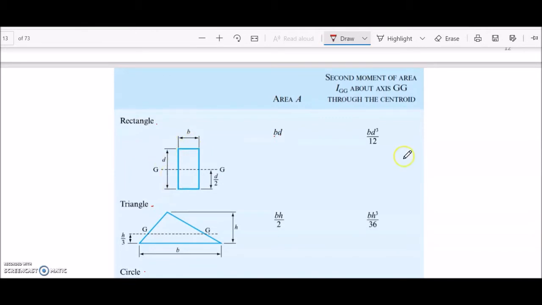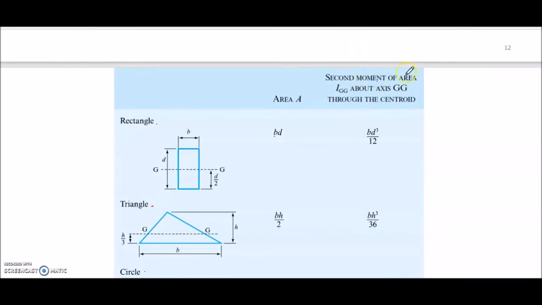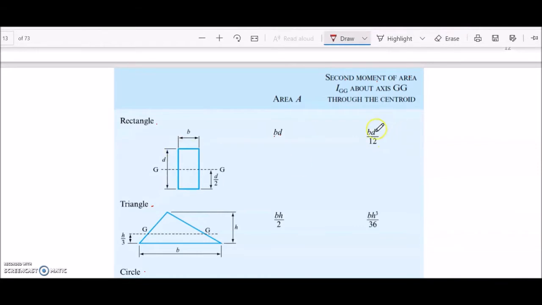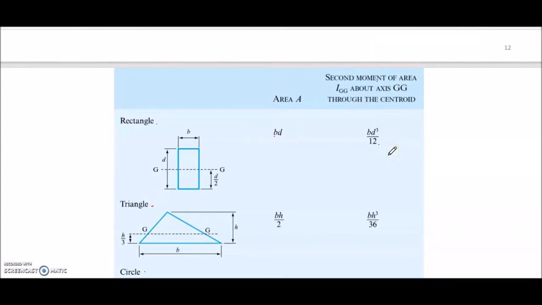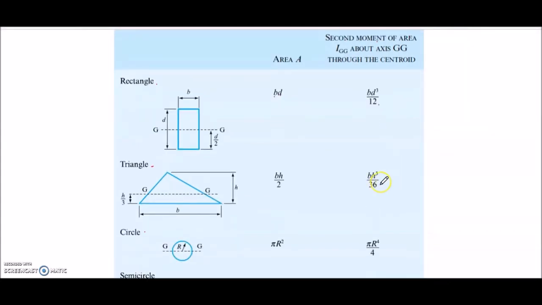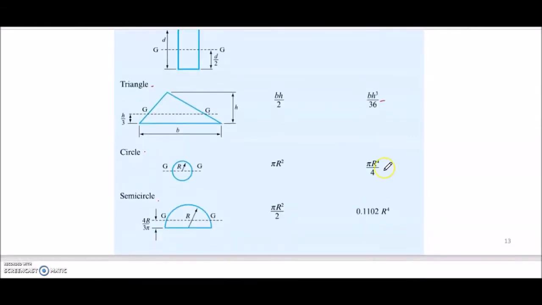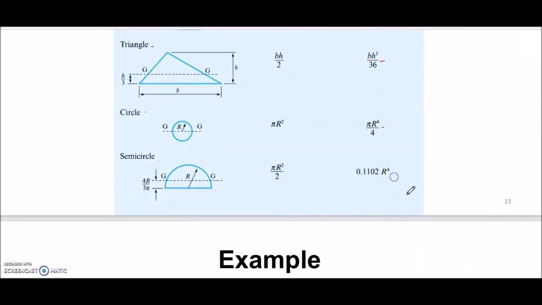But for this topic, you have new knowledge on how to calculate the second moment of area, the moment of inertia. When we are talking about moment of inertia, you need to remember this formula: b times d to the power of 3 over 12. This is the second moment of inertia for the rectangular surface. This is for the triangle, circular and semicircle surfaces.